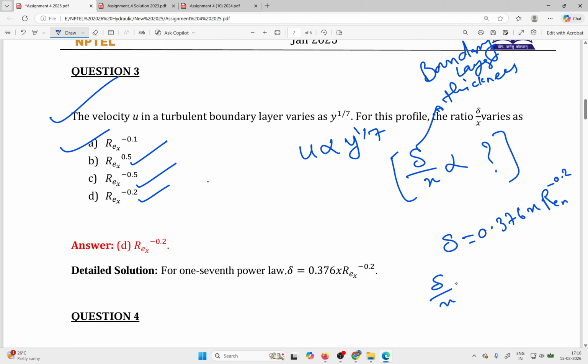So from here you can write delta by x is directly proportional to Re_x to the power minus 0.2. This will be your correct answer, so option D is correct for this question. Now we'll move on to question number 4.